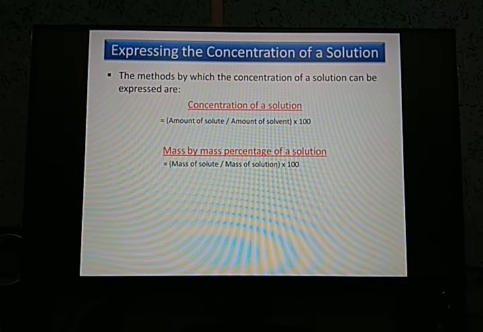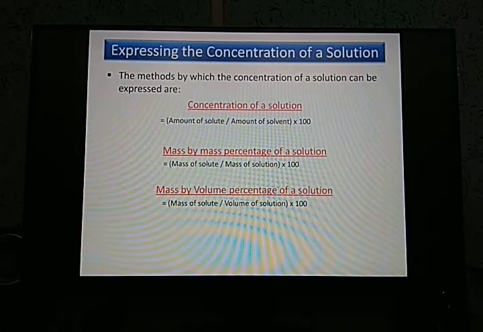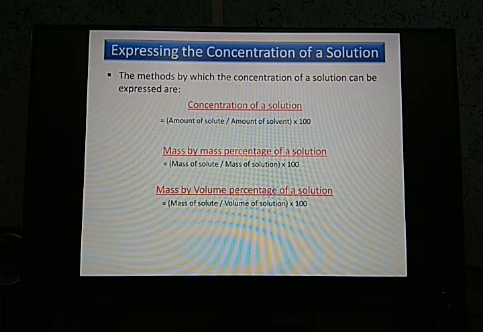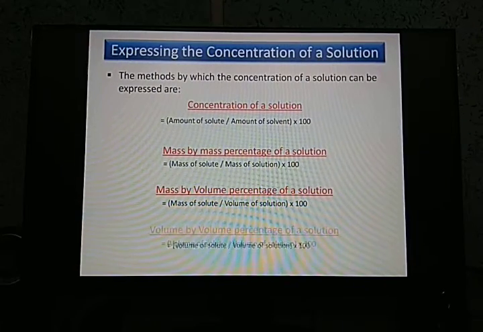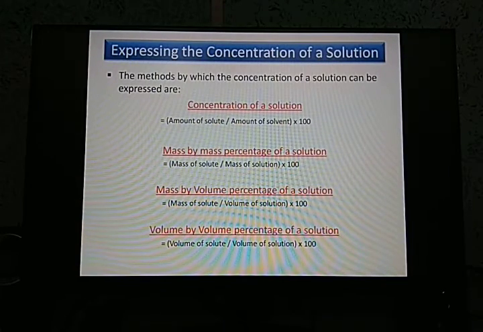Clear? Now the next one is mass by volume percentage of a solution. If the solute is given in terms of mass and the solution is given in terms of volume, then this formula is used. Clear? Now next one, volume by volume. If both are in terms of volume, then this formula is used: volume of solute by volume of solution into 100.